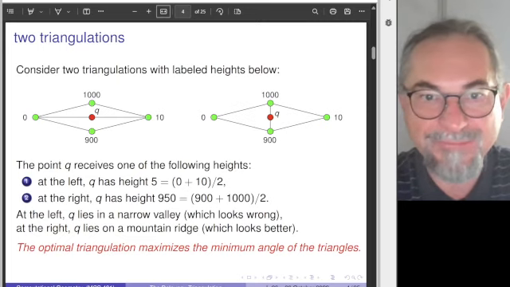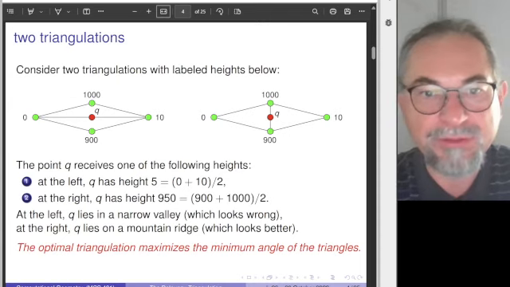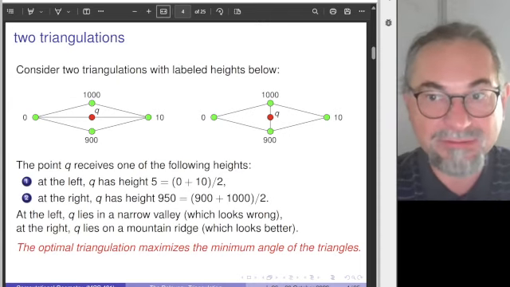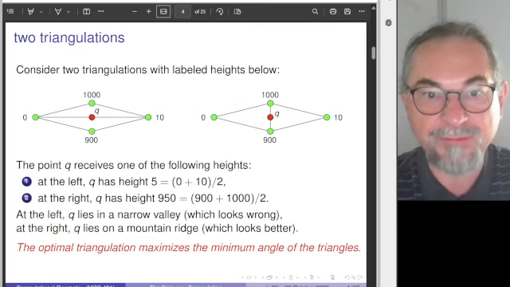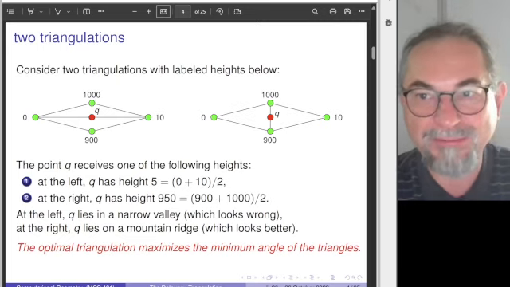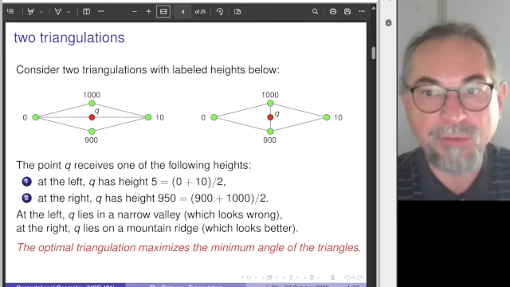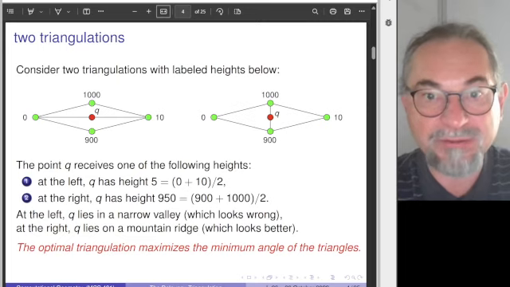I should probably have introduced this earlier. If you look at the left and the right, what is distinguishing them? Looking wrong or looking better is subjective, but we will arrive at an objective criterion by looking at the angles.